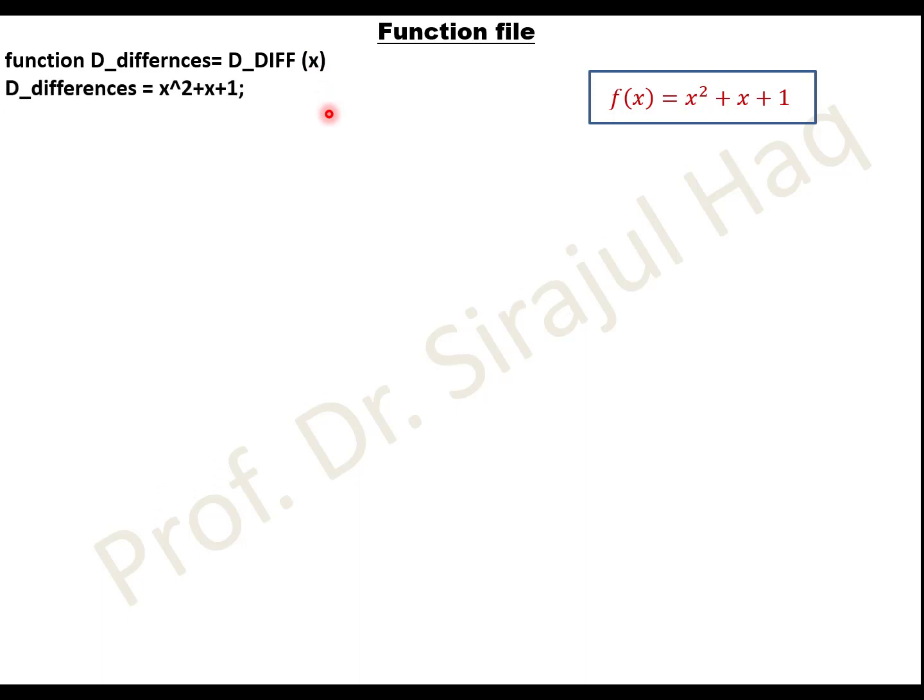Then I define that d_diff is defined by x squared plus x plus 1, exactly like this function. When you write this function file, you have to save it by the name d underscore diff.m, and this file should be in the directory which you are using. This is the function file I constructed.